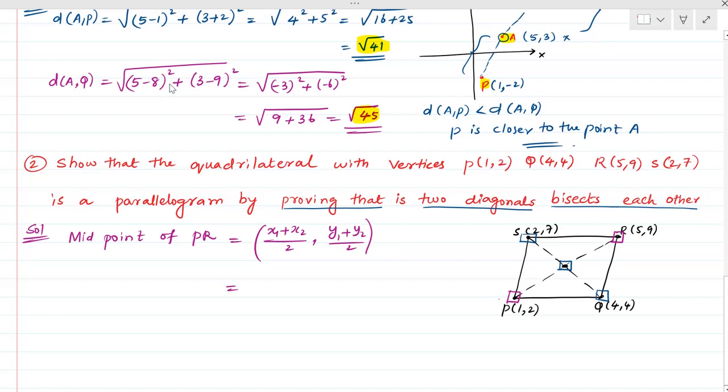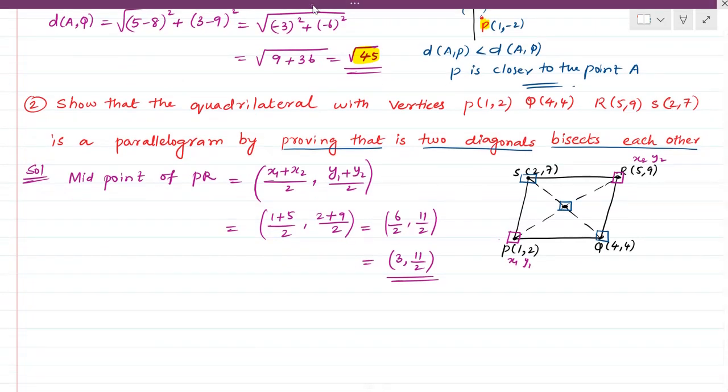This is x1, y1, and this is x2, y2. So it is (1 plus 5) over 2, comma, (2 plus 9) over 2. Simplifying, you get 6 over 2, comma, 11 over 2, which is 3, comma, 11 over 2. So the midpoint is (3, 11/2).